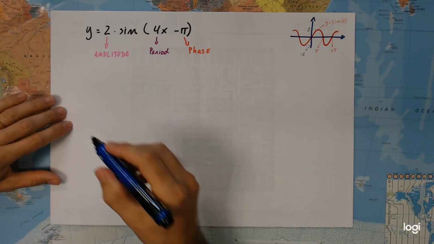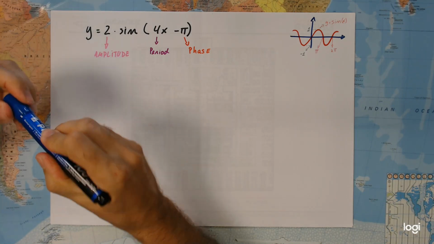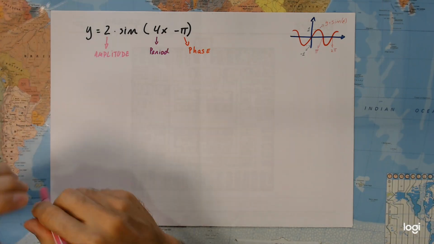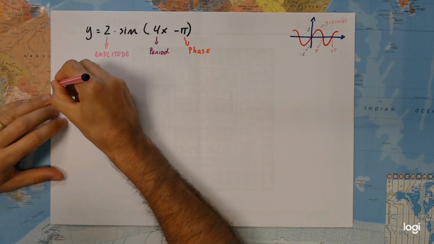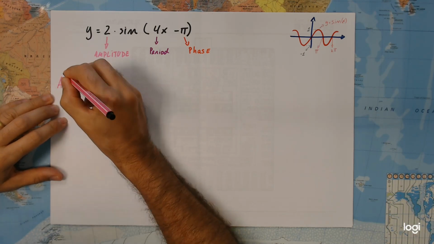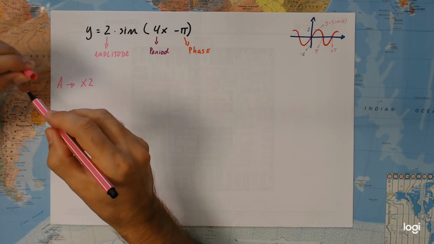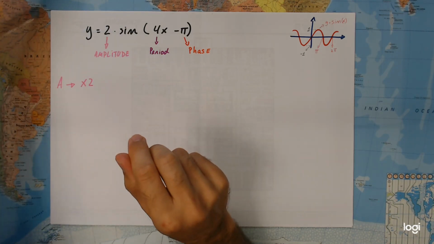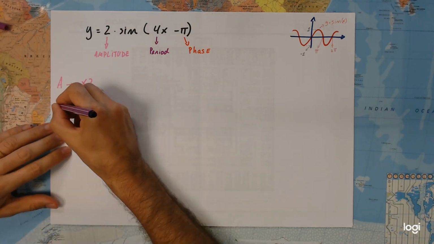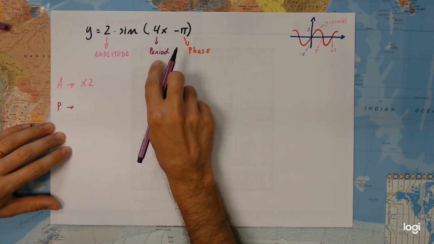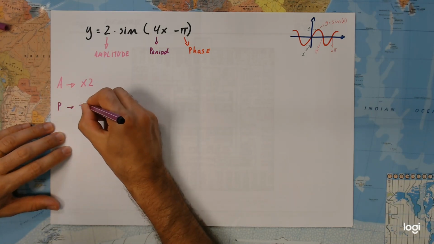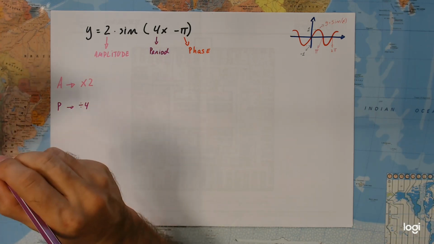Well, what is happening to the amplitude in here? I'm just going to write the first letter, okay? Amplitude. Our amplitude is being multiplied by 2. Then our period, what is going on with our period? Our period is going to be divided by 4, always the opposite, remember?